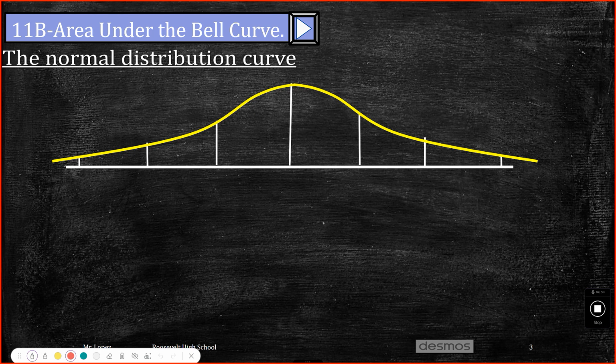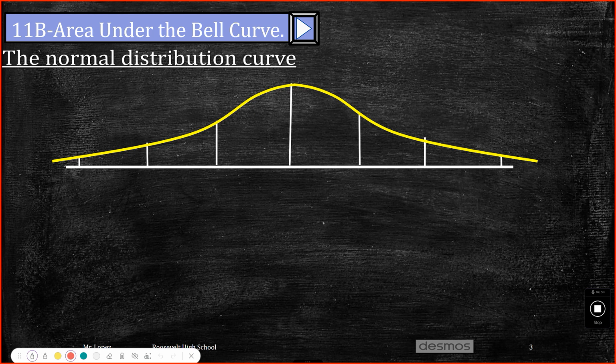Okay, so the normal distribution curve says that under the bell curve, 100% of people fall in there, for whatever it is. Say the SAT: everybody who takes it, the population, is going to be 100% of those people.